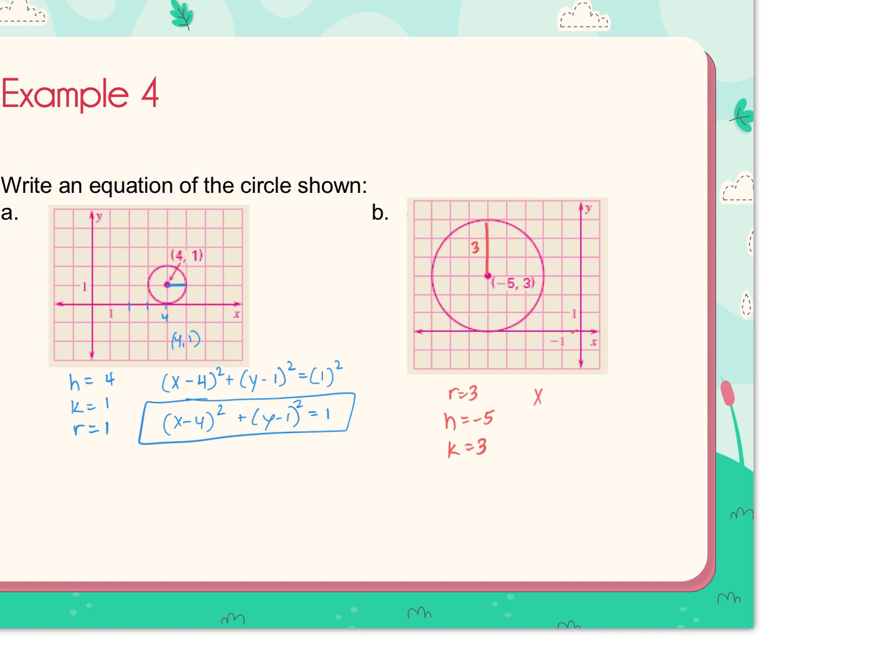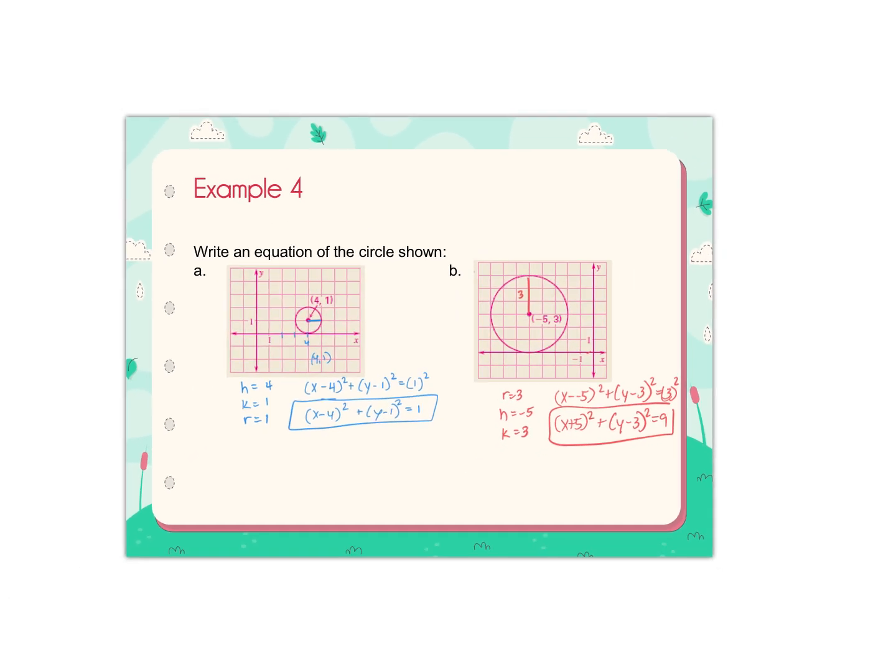So it's going to be (x minus negative 5) squared plus (y minus 3) squared equals r squared. So (x plus 5) squared plus (y minus 3) squared equals 9. And so there I have the equation of the circle that is shown.